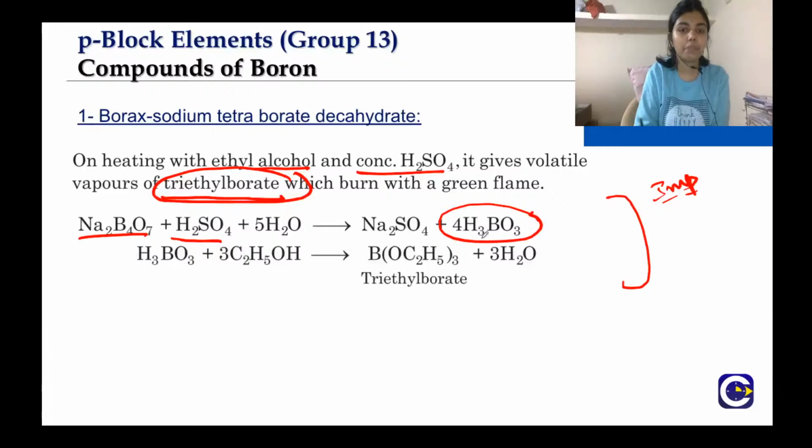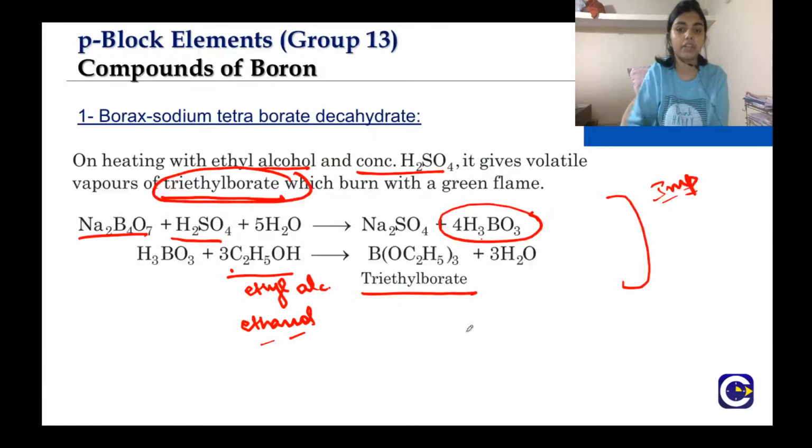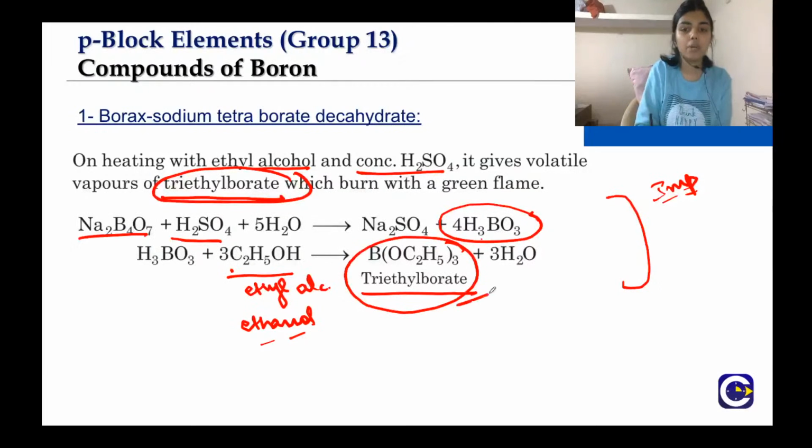Now this H3BO3 reacts with ethyl alcohol, or you can also say ethanol, to give you triethyl borate. So B(OC2H5)3 is known as triethyl borate. Now this burns with a green flame.